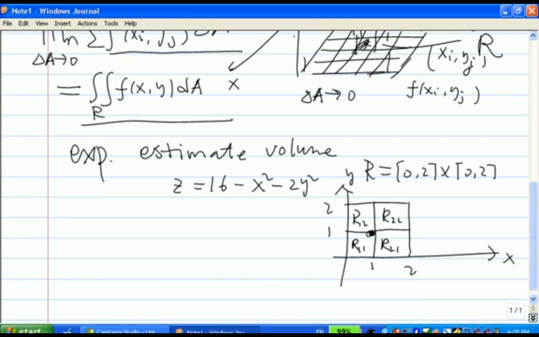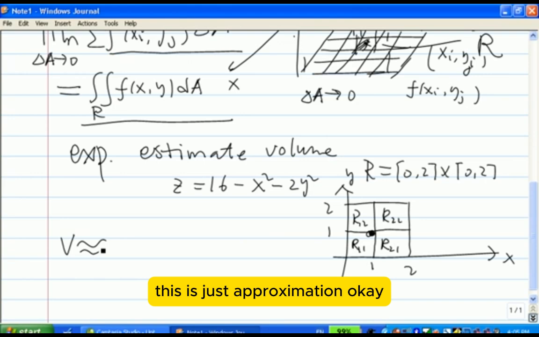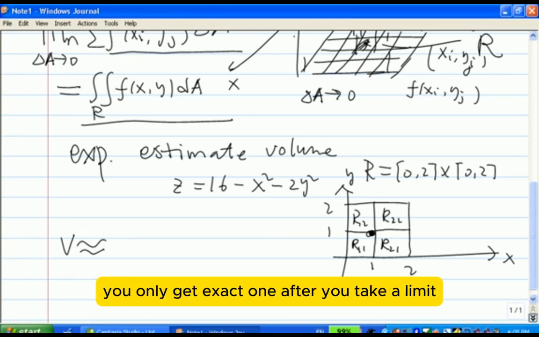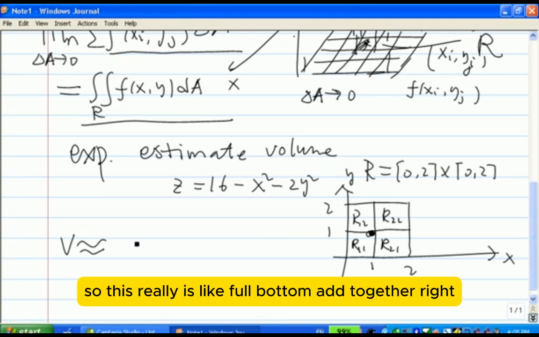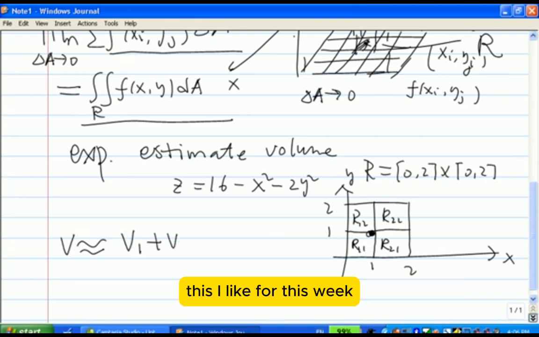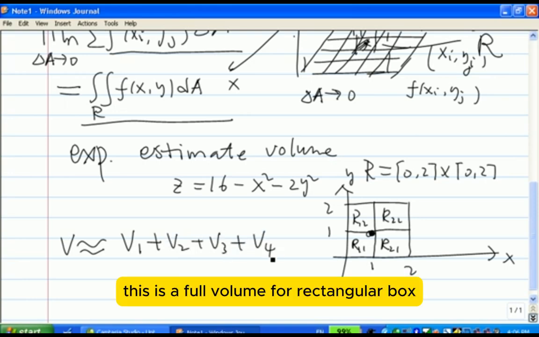Our volume can be approximated by, and this is just an approximation, you only get the exact one after you take a limit, the full volume of the boxes added together.